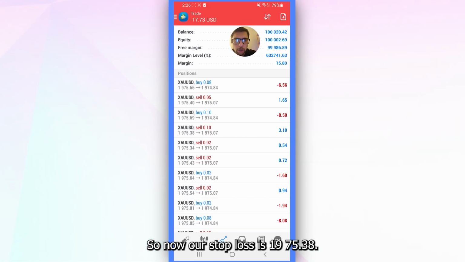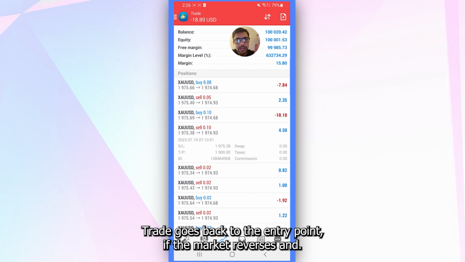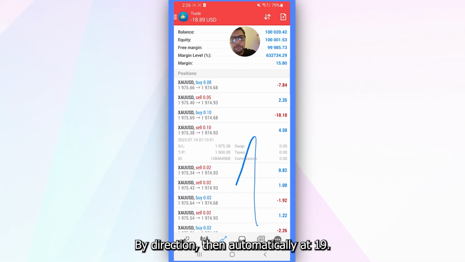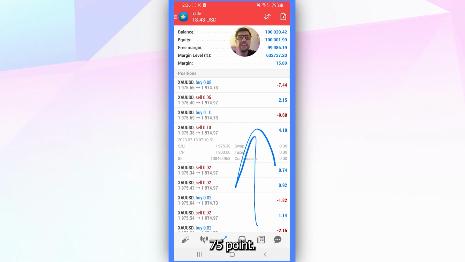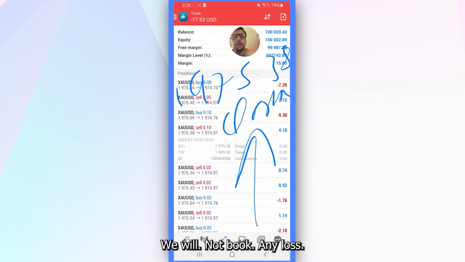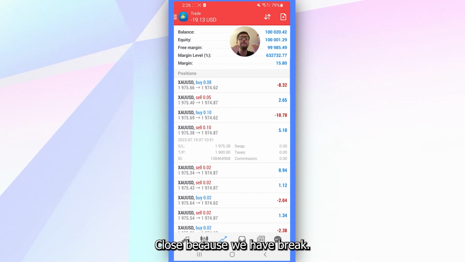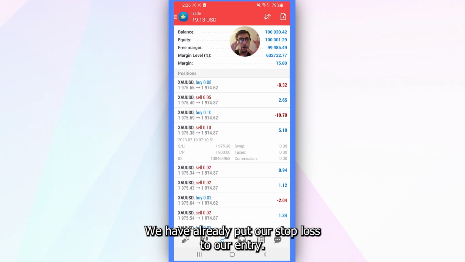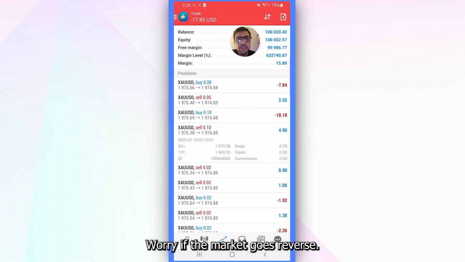So now our stop loss is 1975.38, which means if the market reverses and the trade goes back to the entry point, then automatically at 1975.38 our trade will be closed. We will not book any loss, it will automatically close because we have broken even the trade. We have already put our stop loss at our entry price, so we don't have to worry if the market reverses against our direction.